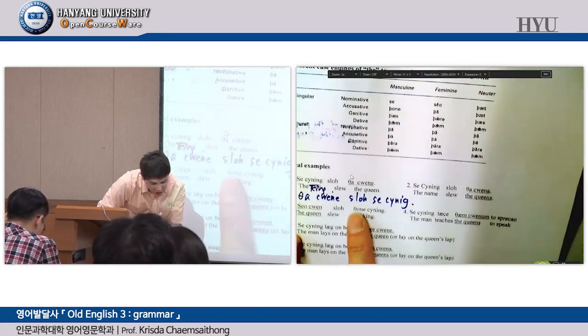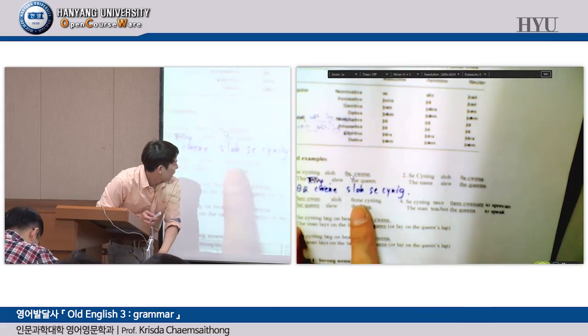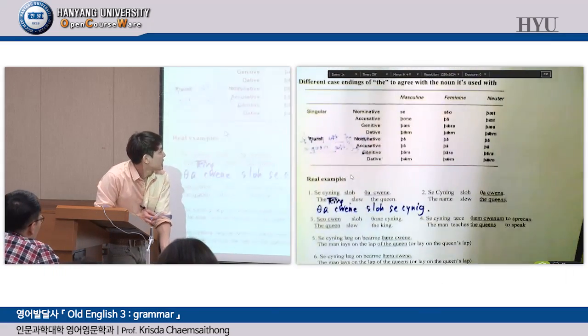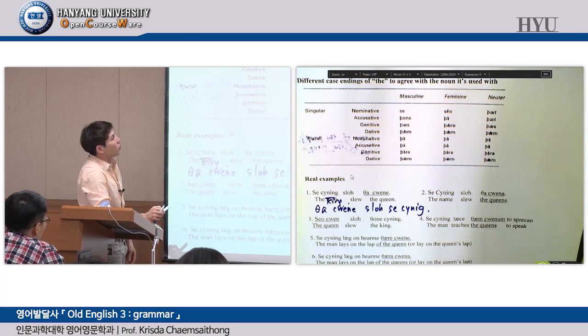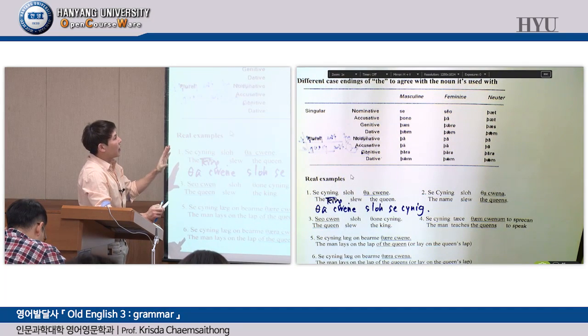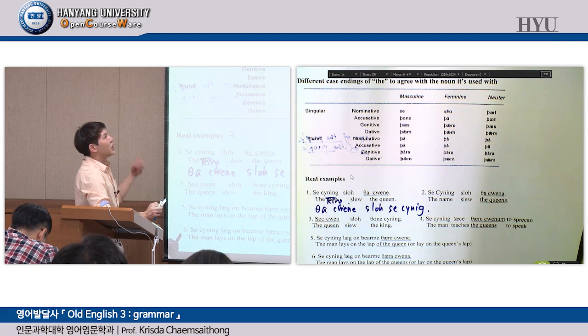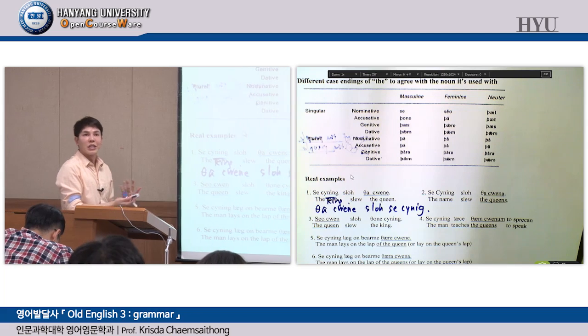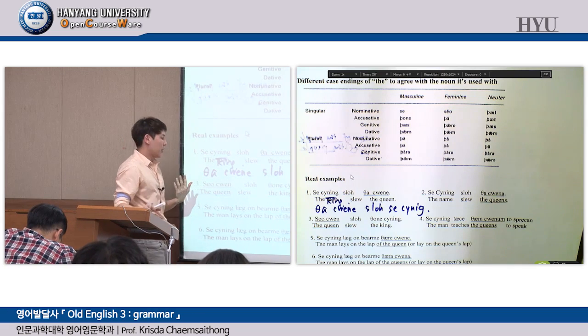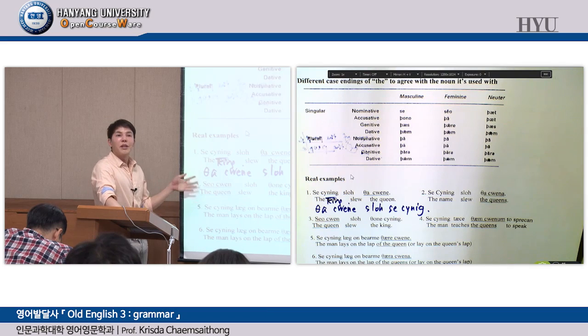What about the word "tone"? "Tone kinning." So you have to look at the table. Where's "tone"? You scan it, and here: accusative masculine, "tone." So it has to be the object, like that. That's how you read Old English. That's how you understand Old English, because everything is marked.